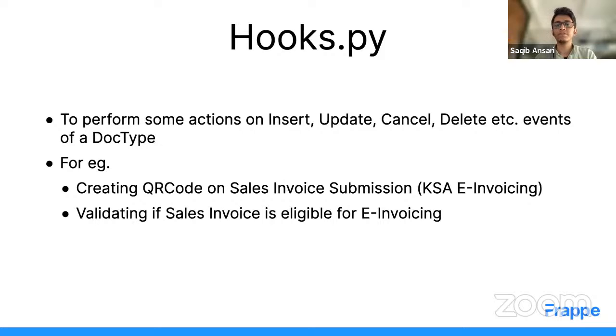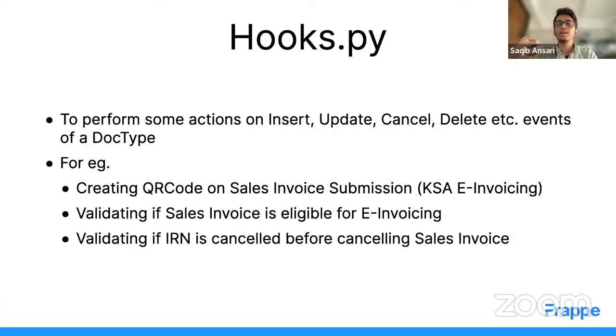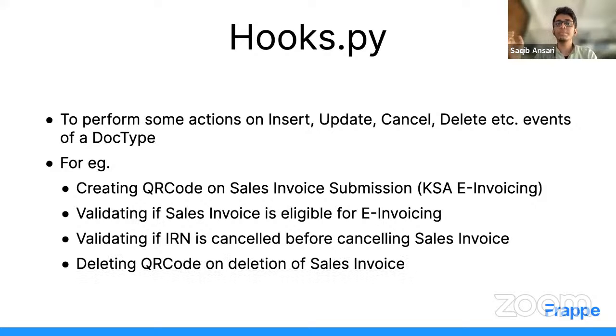Then for Indian invoicing, we validate if the sales invoice is eligible, and ensure that IRN is cancelled before cancelling the invoice. All these can be done using hooks.py, like attaching custom methods to standard events of the document.